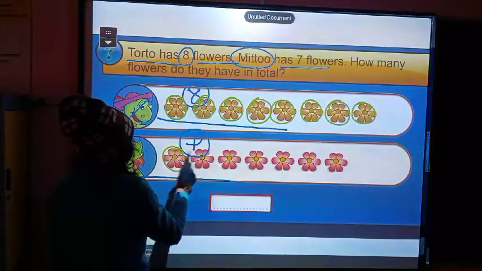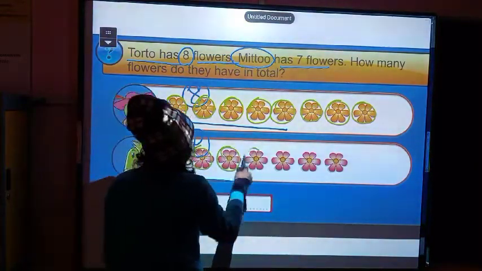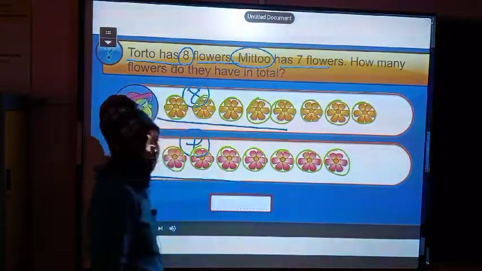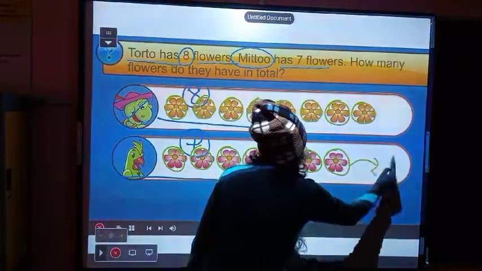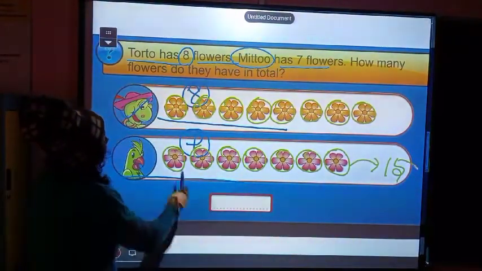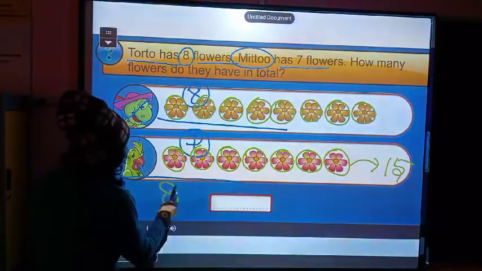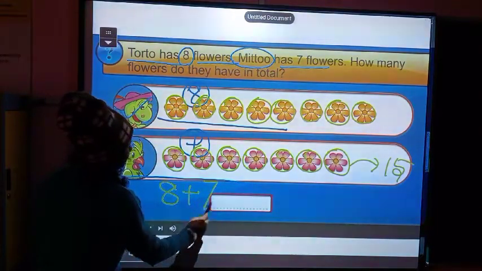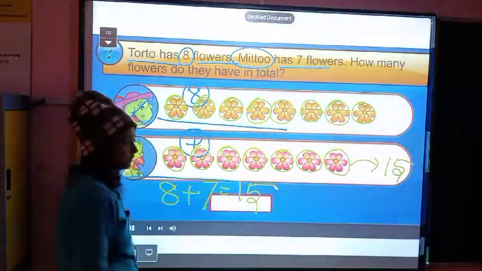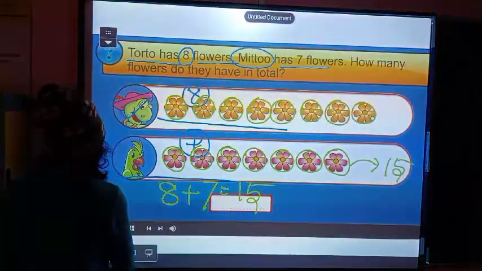Then 9, 10, 11, 12, 13, 14, and this one is 15. The second method is 8 plus 7, which is 15. So let us go to the next one.